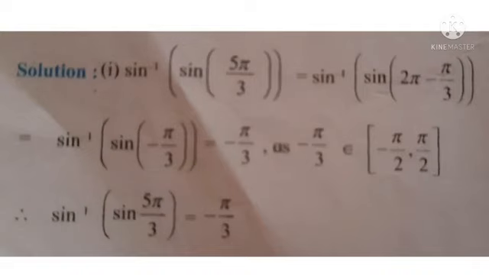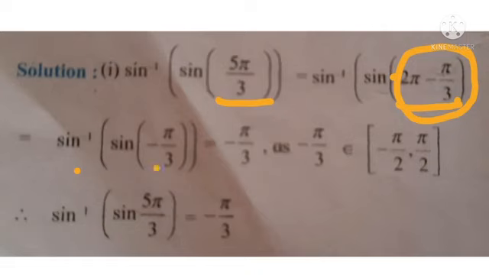Next one, we have to find sine inverse of sine 5 pi by 3. Okay, so you can write 5 pi by 3 as 2 pi minus pi by 3. Okay, see, 6 pi by 3 minus pi by 3 is 5 pi by 3. So we get sine inverse of sine of 2 pi minus theta, and sine of 2 pi minus theta is minus sine theta.